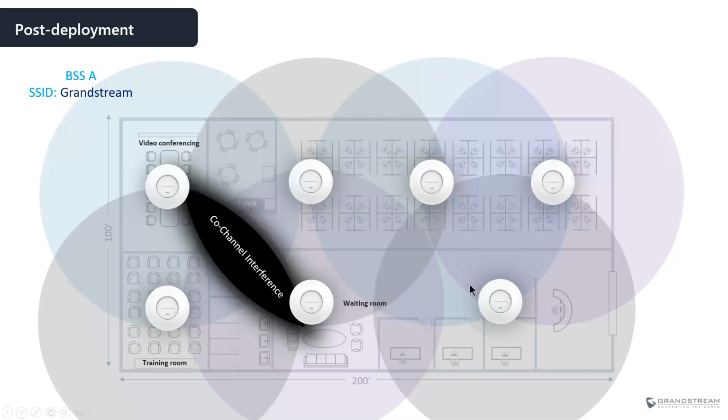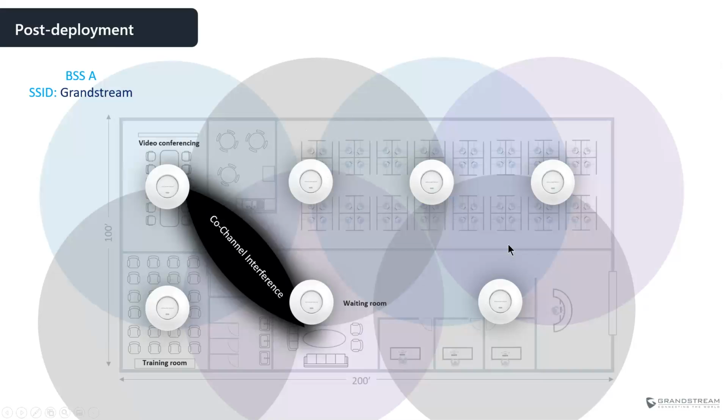So when you have 3 access points that are broadcasting on the same channel, with their signal set at high, the signal from these access points will overlap, which will cause what we call co-channel interference. Co-channel interference is basically when you have 2 access points competing over the same channel medium or the wireless medium.